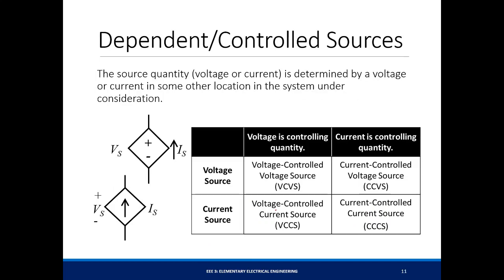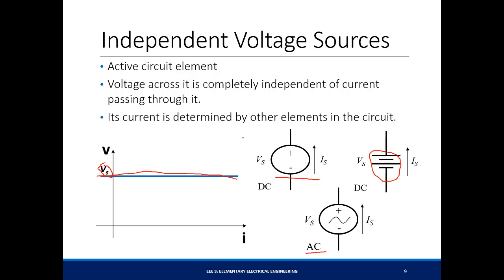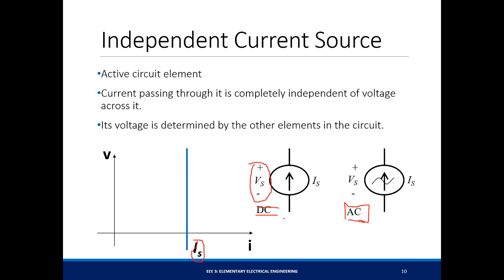So next are the controlled sources. Basically, the source quantity is determined by a voltage or current in some other location. Take note, it's some other location in the system under consideration. It is represented by a diamond in schematics instead of your usual circle or oval shape circuit element.